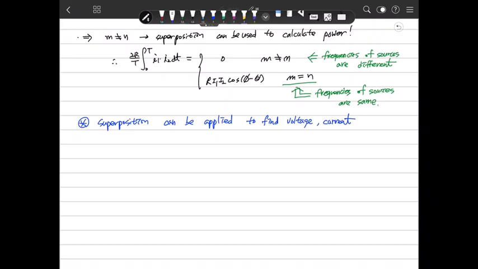In that case, we don't need to care about the frequency.